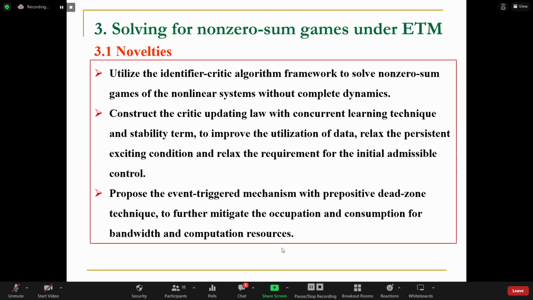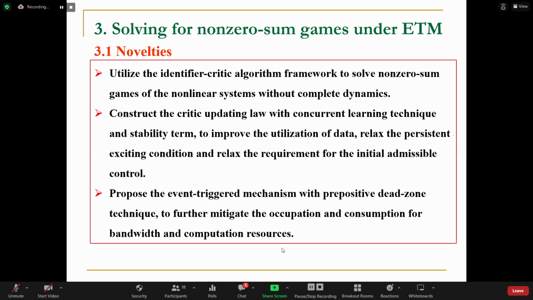Then I will present one of my researches, that is solving nonzero-sum games with the event-triggered mechanism. The novelties are as follows. First, we utilize the identifier-critic algorithm framework to solve nonzero-sum games for the nonlinear system with completely unknown dynamics.